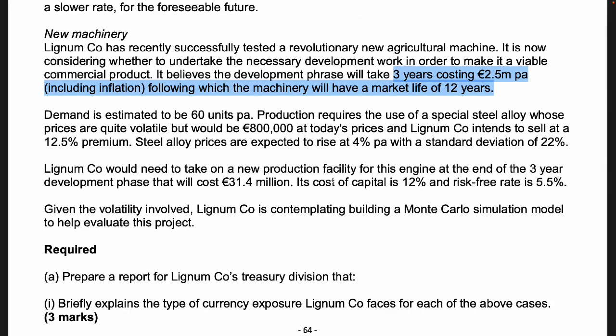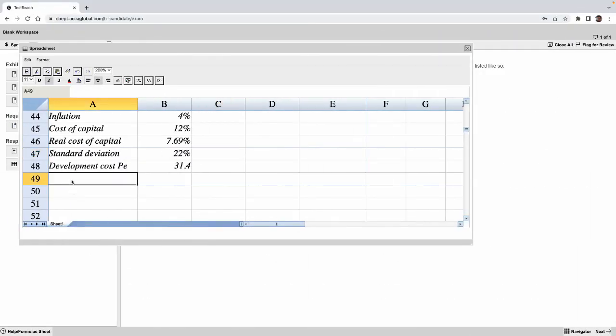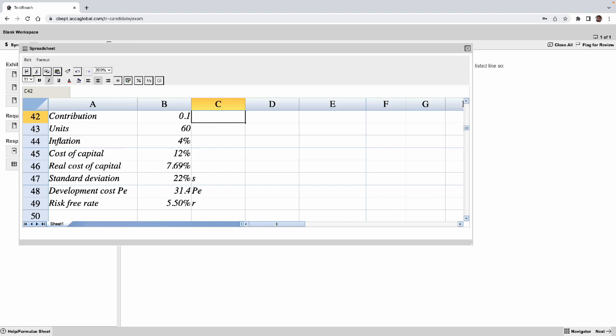Development cost PE is given. Cost of capital, risk-free rate. So I got my R, I got my PE, S. Okay, the tricky part here, when is the T?